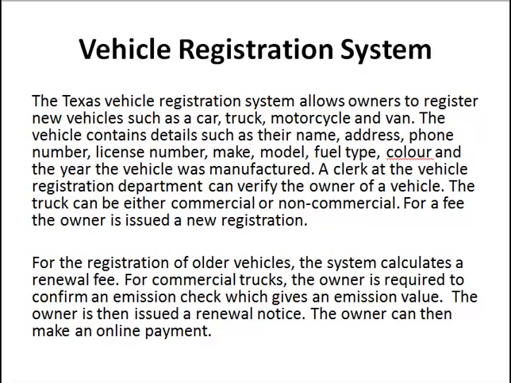A clerk at the vehicle registration department can verify the owner of a vehicle. The truck can be either commercial or non-commercial. For a fee, the owner is issued a new registration.